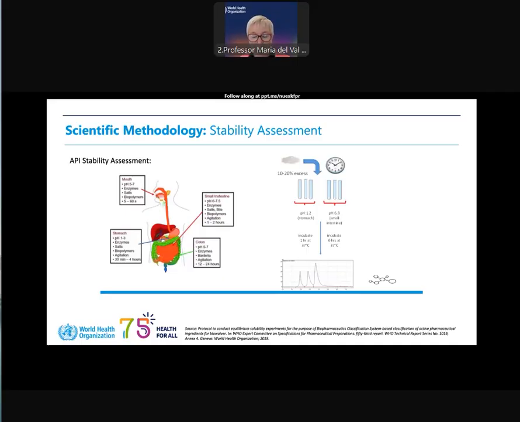I mentioned before that we also consider that there could be some stability issues that are relevant not only for the experiment, but also because the API should be stable in the gastrointestinal system. So in order to ensure that the API is stable during the experiments, we use the same approach that has to be used in order to demonstrate that the API is stable in the gastrointestinal system.